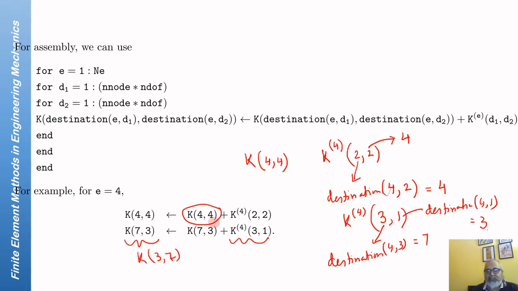So sometimes we just assemble only the upper part of it, the part above the diagonal, and do not store the parts below the diagonal. So you can put this in 7, 3, or you can equivalently put this in 3, 7. Really doesn't matter, because your stiffness matrix is finally symmetric. So this is how the assembly process goes.